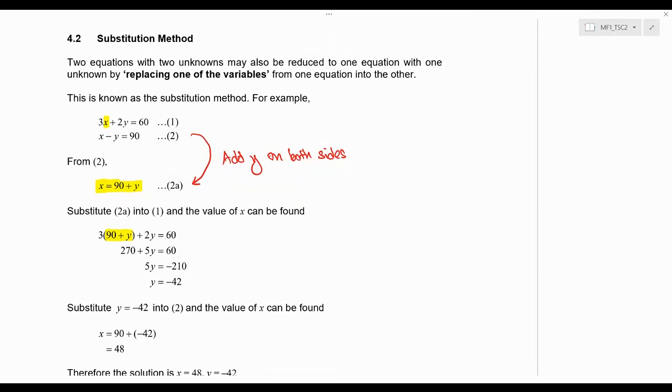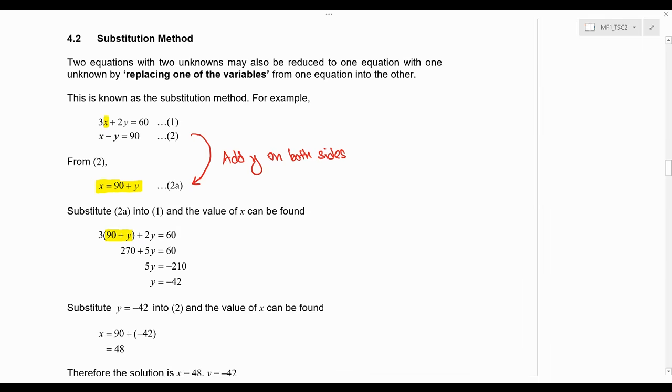So instead of 3x now, we are going to replace the x with 90 plus y. So it is 3 times 90 plus y, then plus 2y equals 60. You notice that using this method, x is in a way also eliminated. Through substitution, we can also eliminate the variable x. And now everything inside is going to be of the variable y.